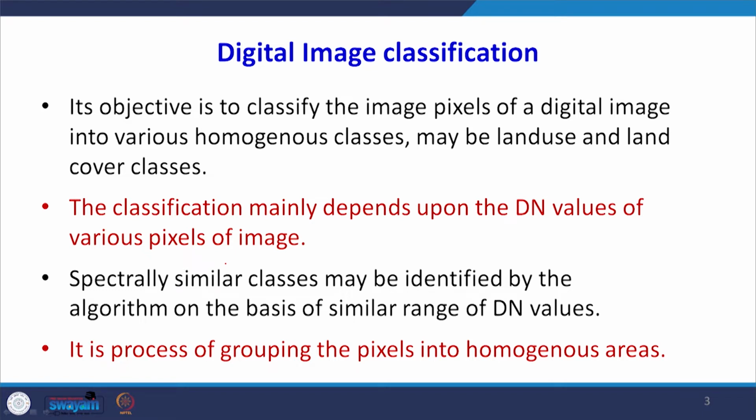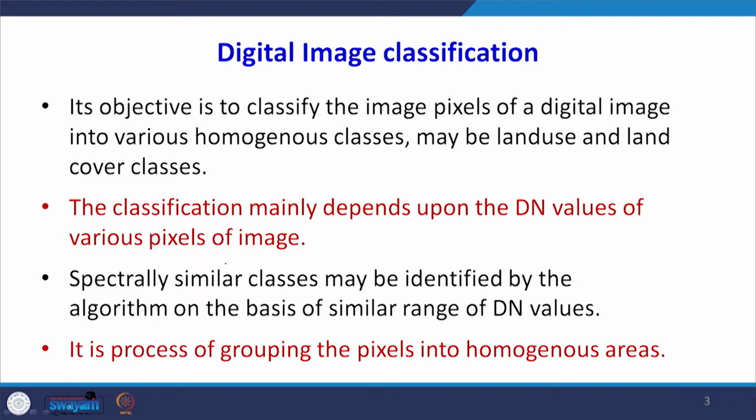The classification will largely depend upon the distribution of the DN values present in the data sets. There could be spectrally similar classes where there will be some kind of confusion, or two different classes which are identified as similar classes, or two similar classes which are identified as two dissimilar classes.